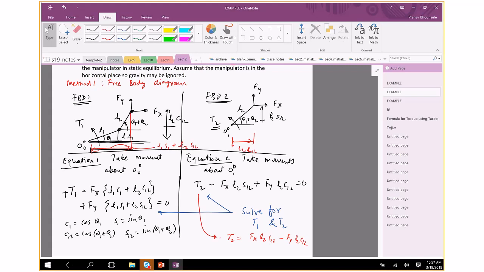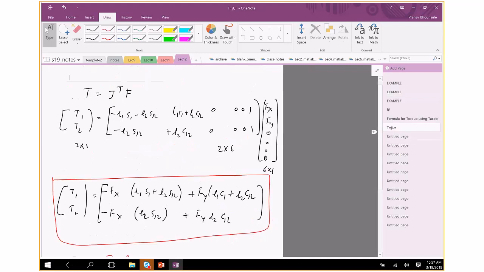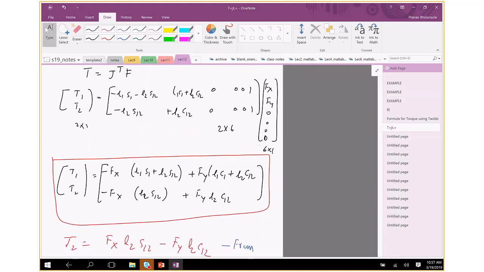One of them is giving me the actual torque I need at the motors of the joints to keep this in place, but what this one is giving me is not that torque. It's giving me the opposite. There's a motor torque and there is a reaction torque, which is different.